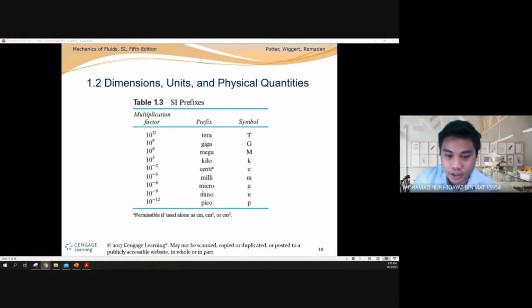Because later on, the question is going to give you the prefix and you yourself need to convert it into the SI unit. So if they give you, for example, milli, you need to understand that milli refers to 10 to the power of negative 3. The symbol is a small m. Micro has its own symbol. Nano is 10 to the power of negative 9.